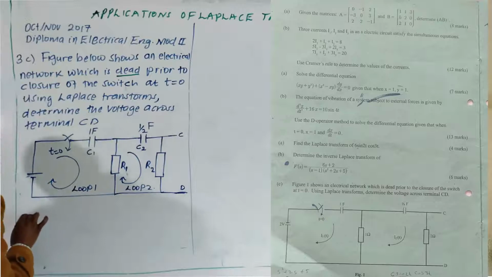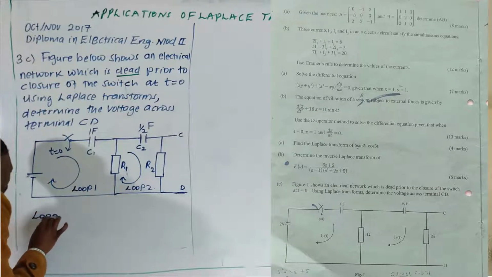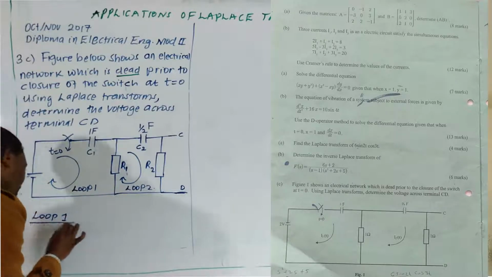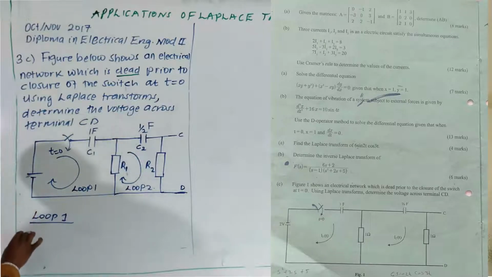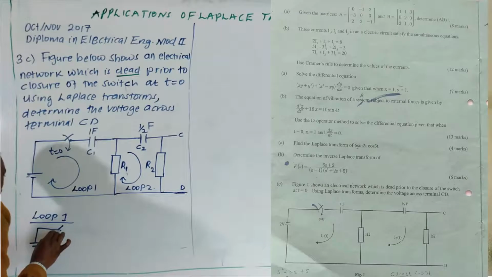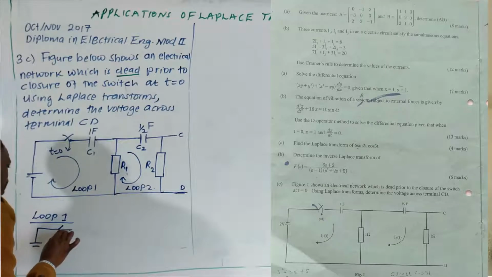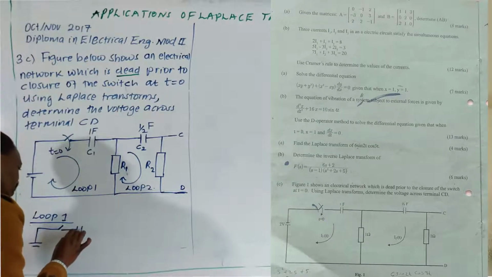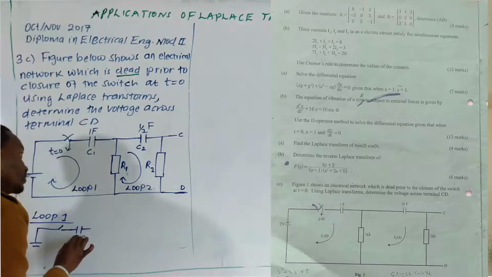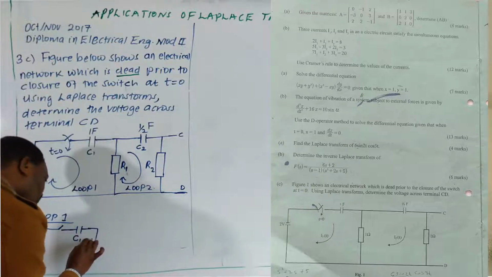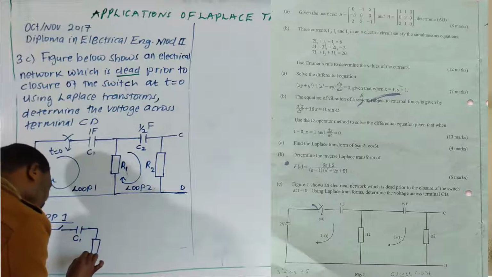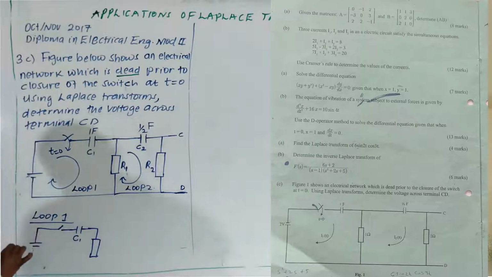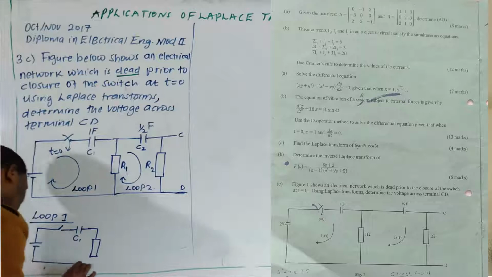Loop 1 consists of the source of EMF, the switch, capacitor 1, resistor, and then back to the power supply.